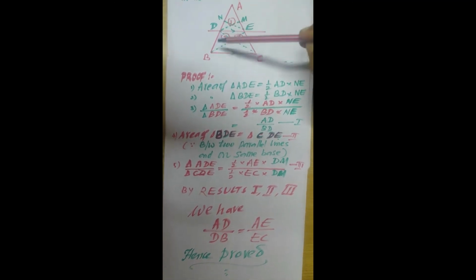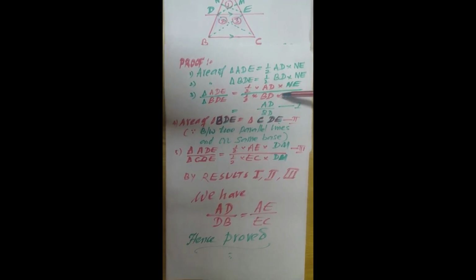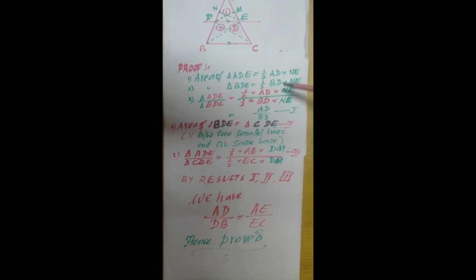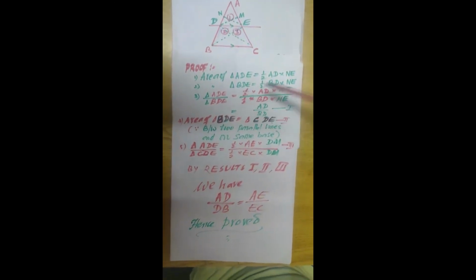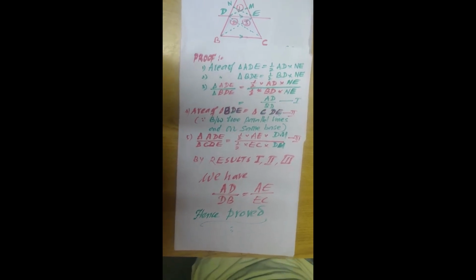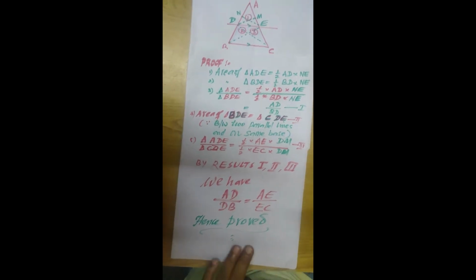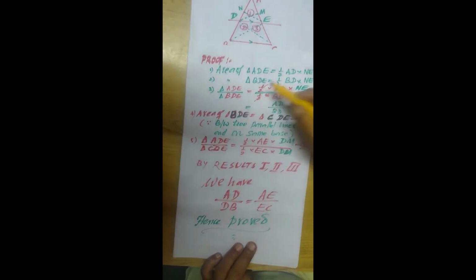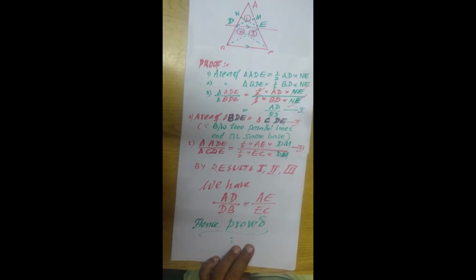Its area divided by its area. 1/2 AD into NE, just above, and 1/2 BD into NE, the second line. Here by observing, 1/2 cancels, NE cancels. That's why AD by DB is remaining. 1/2 cancels and NE cancels. Remaining is AD by BD.